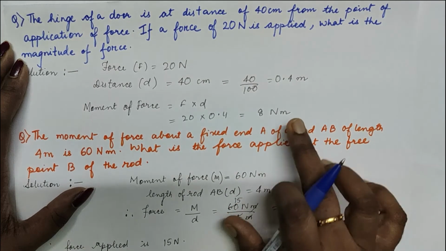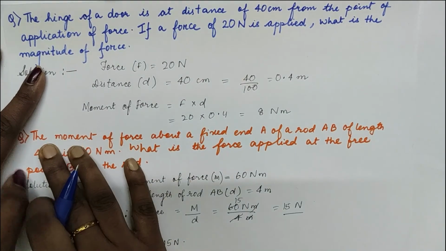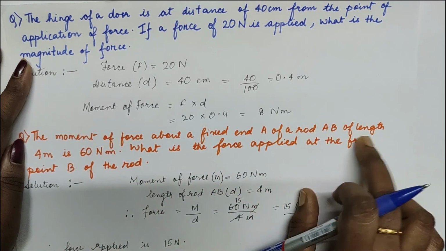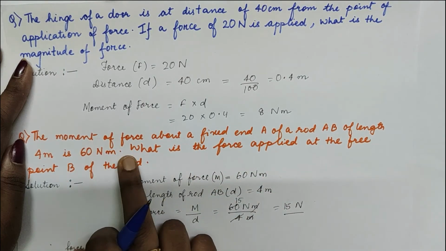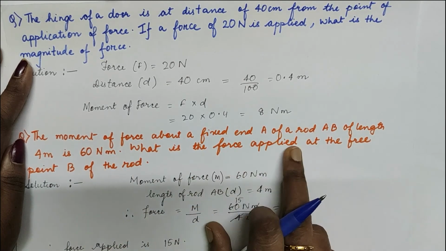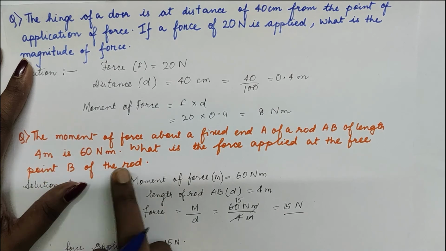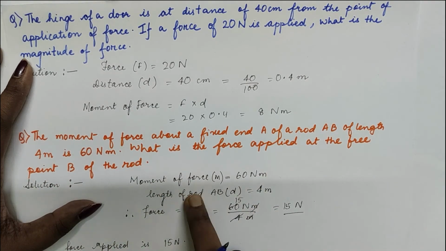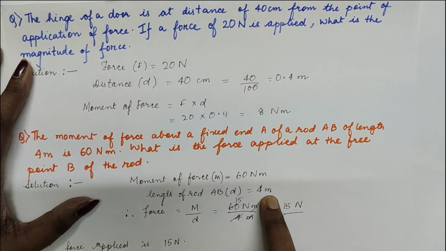Now, the moment of force about a fixed end A of a rod AB of length 4 m is 60 Newton meter. What is the force applied at the free point B of the rod? We know the moment of force here, 60 Newton meter. We know the length, that is 4 meter.